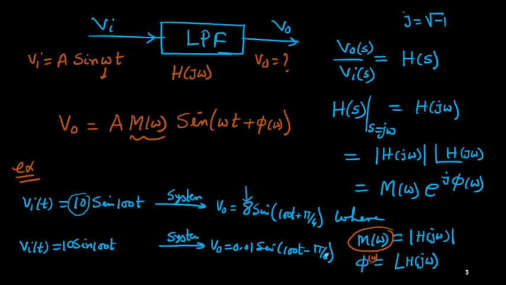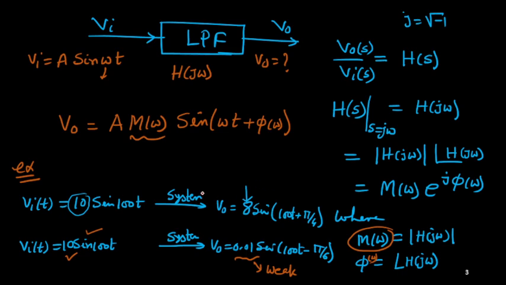Here the more important thing is the amplitude of the output signal, that is 0.01. So it's a very weak signal. On the input side the amplitude was 10, but on the output side it is becoming very small. So in other words, I can say that this system is not allowing this signal to pass.